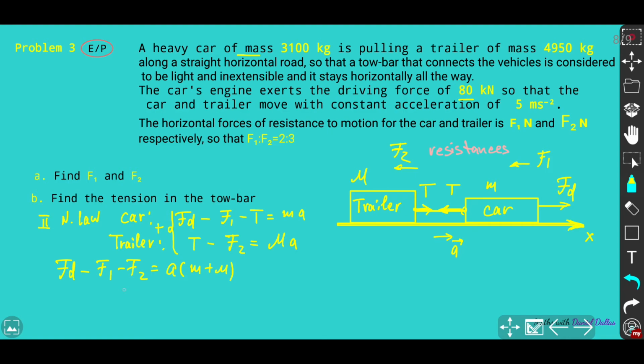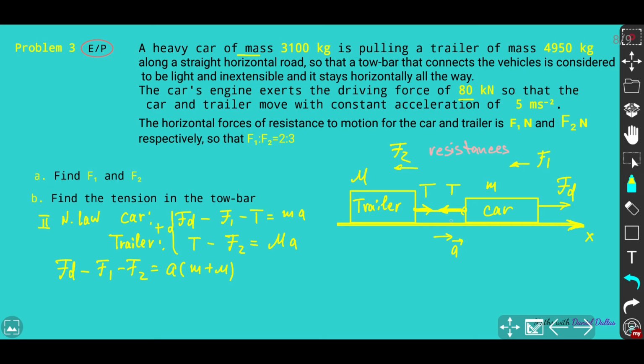Because we neglect any internal forces, like the tension force in our case, and any other force that acts within the system, we consider only the external forces with which our connected particles interact. So this is the straight outcome.